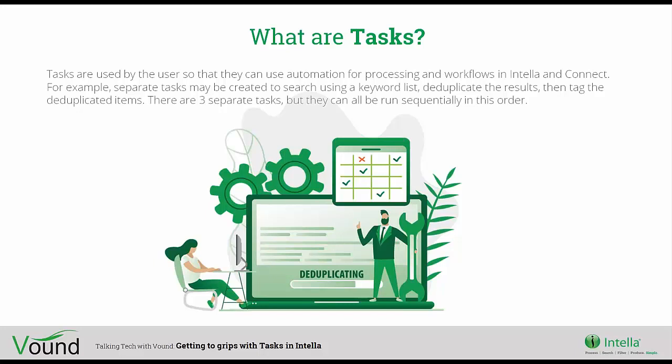And then from those respondent items, they can set up a task to tag those deduplicated items. So in that workflow, there are 3 separate tasks that are created, but the 3 tasks can all be run sequentially, basically run after each other in that order. And you do have the option to change the order as well.